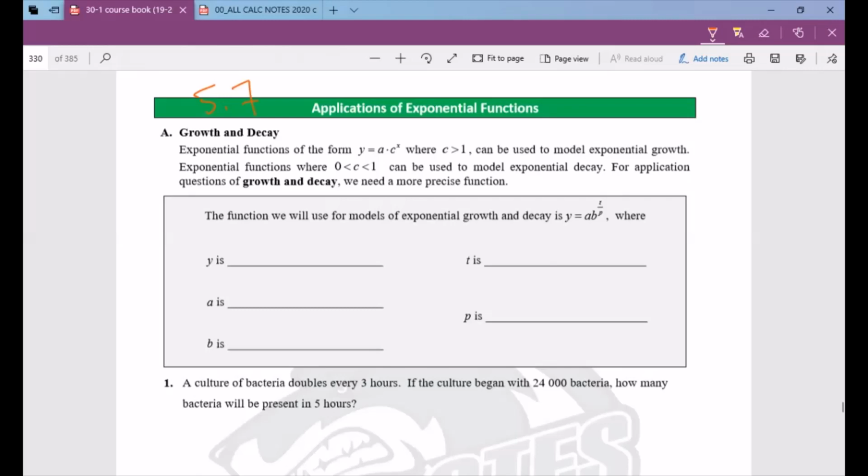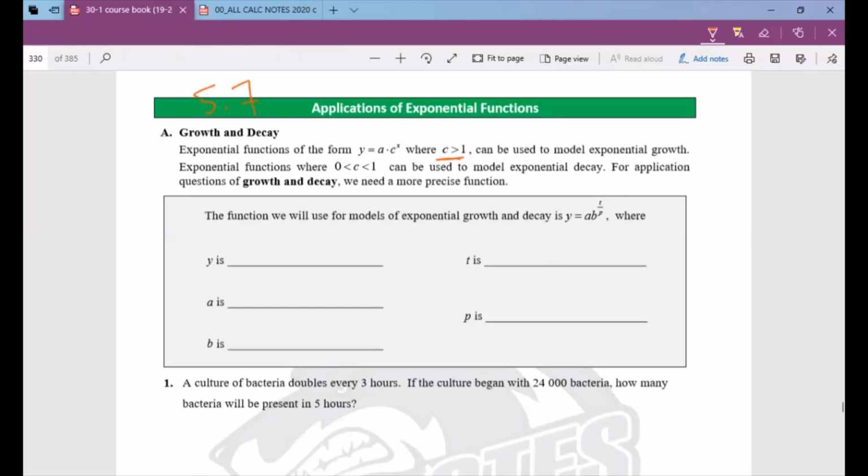And we've talked about this a little bit before, some of this idea of exponential growth and decay. So if we have this function in the form y is equal to a times c to the x, if c is greater than 1, and that's a critical part of this, is looking at the base of your exponential. Sometimes it's called b, and in this case, it's being called c, but regardless.